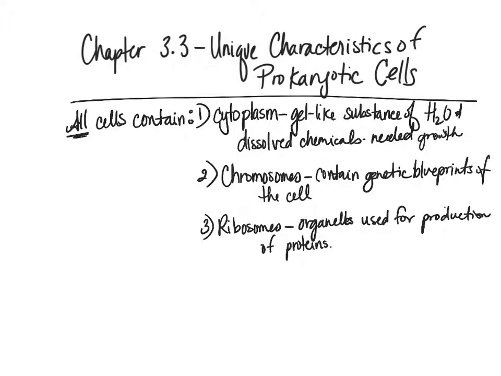So you should be familiar with these different things, the cytoplasm, chromosomes, and ribosomes. So already you know those three things. Moving into our prokaryotic cells as we move into more detail. So all cells contain these when we're talking about throughout the semester, eukaryotic or prokaryotic. But we are going to talk about some differences.